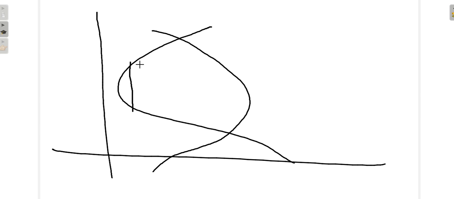Over this region, the strip will start and end on the same curve. Again, as you cross this particular point, again the strip will lie on some other curve. So in this case, taking a vertical strip is not going to solve our problem. So it becomes necessary to take a horizontal strip.